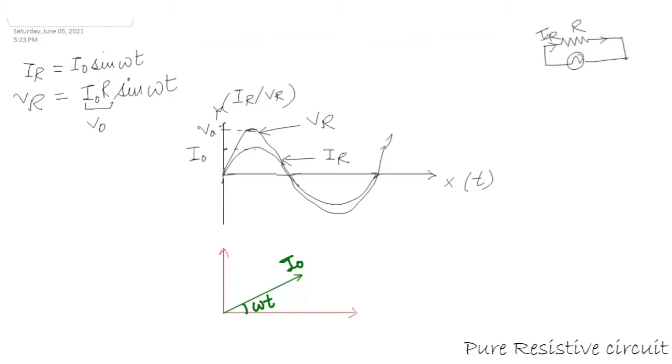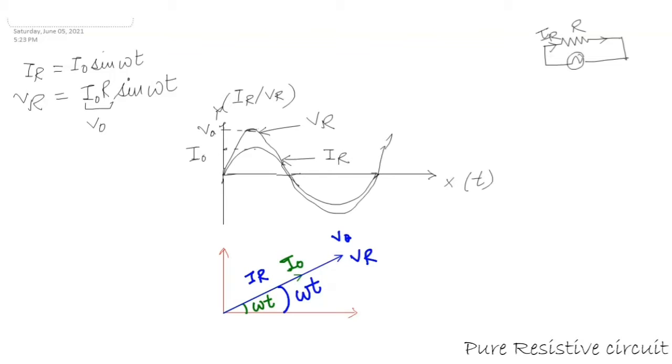Another vector has angle omega t, but its magnitude is V naught. So one vector is IR and another is VR. Similarly, VR also has an angle omega t with the x-axis. This is only the phasor diagram.